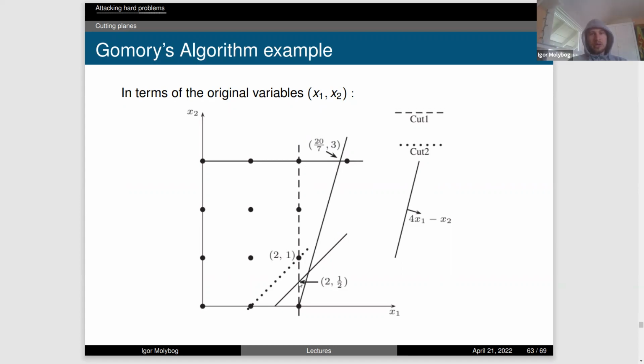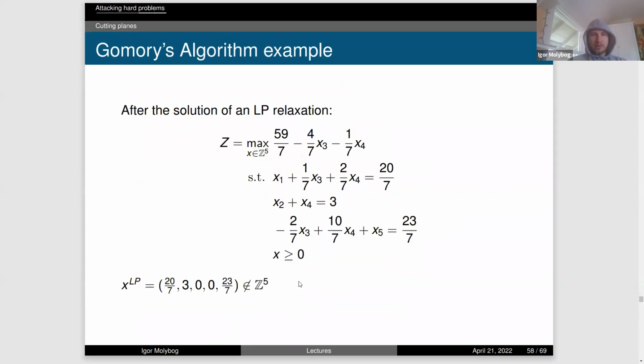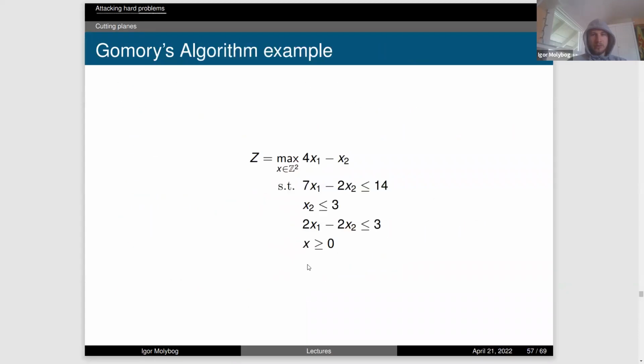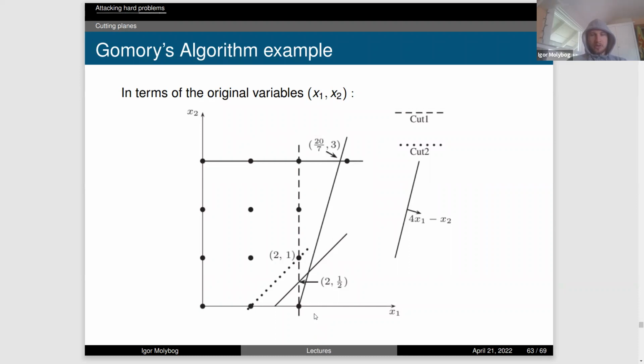If we try to imagine on a plane the solution to this problem in terms of the original variables, I remind you that originally we had only 2 variables, x1, x2. We will see the following picture.